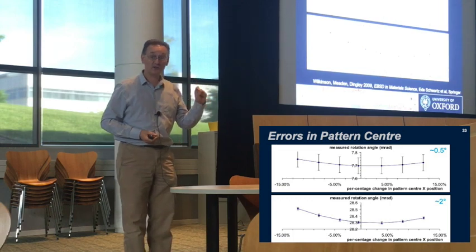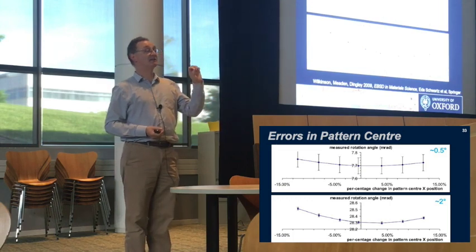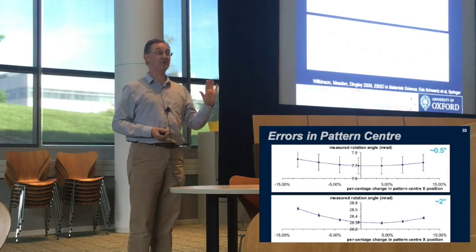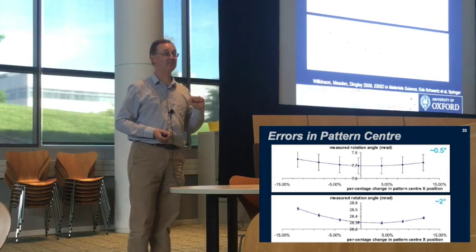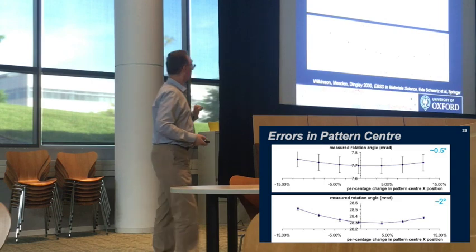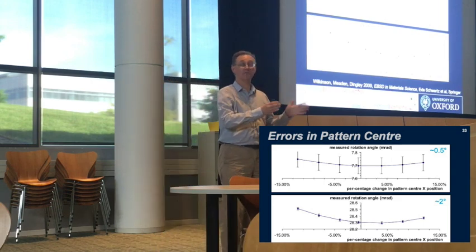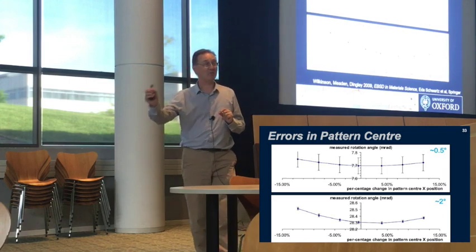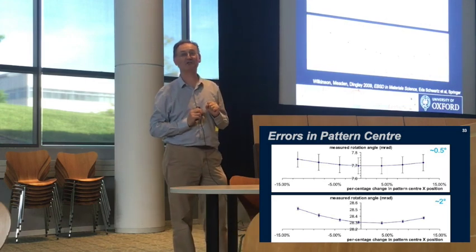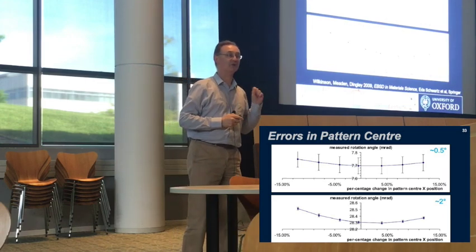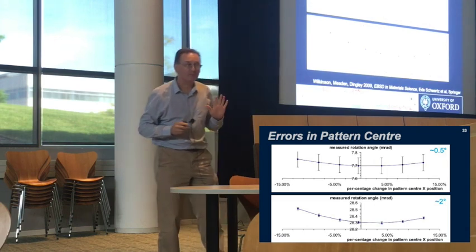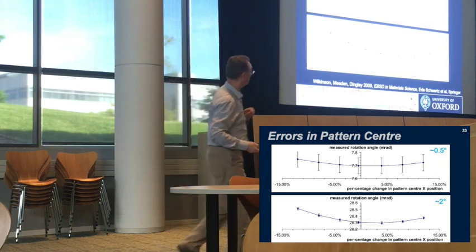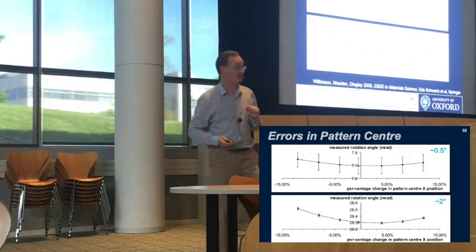If everything's taken in the same geometry, the absolute knowledge of that geometry is not so important. Okay? So as long as everything is a relative measurement in the same data set, you're fine. If you try and combine data sets or compare with simulations, then that goes out the window. In the standard method, the accuracy is good too.